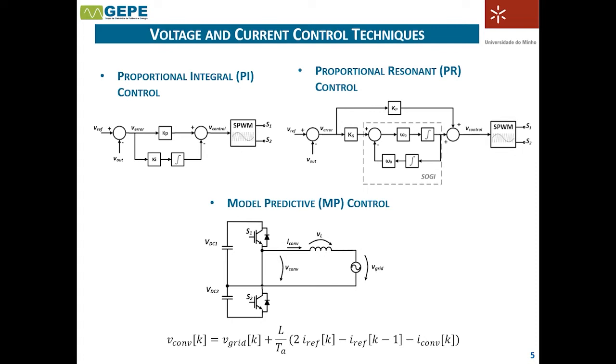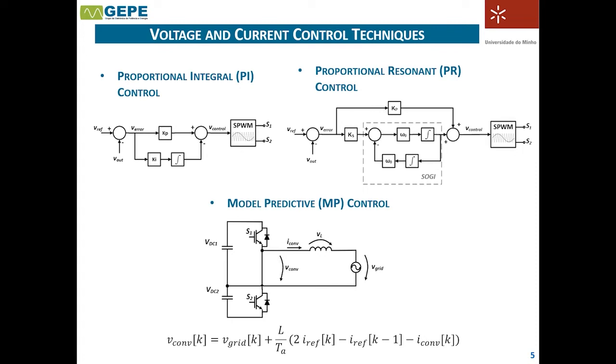The constant omega0 represents the fundamental frequency of the synthesized signal. For a 50 Hz application, this value is approximately 340 rad per second. To use this technique as a current control, it's only necessary to exchange the voltage signals for their current signals.